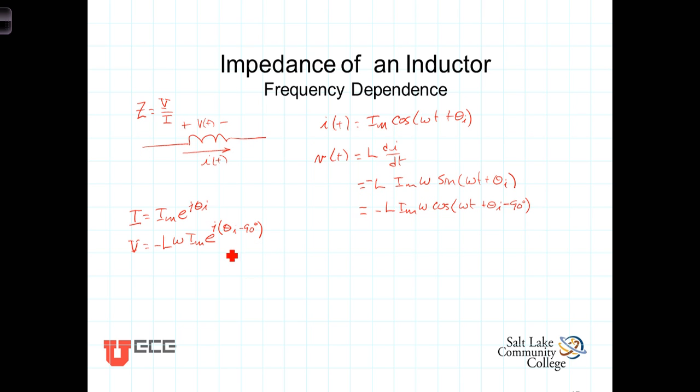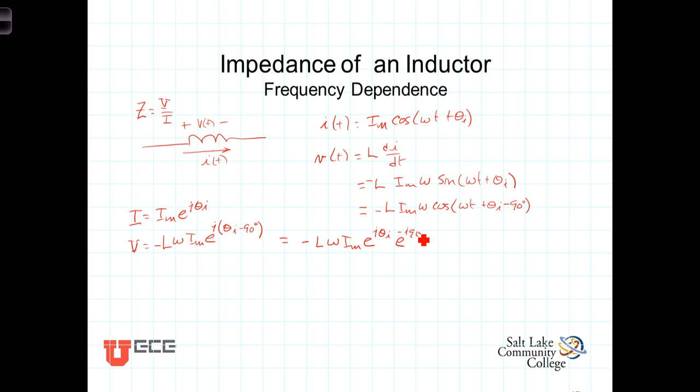Now, using the property of the product of exponents, let's rewrite this as negative L omega I_m e^(j theta_I) e^(negative j 90).